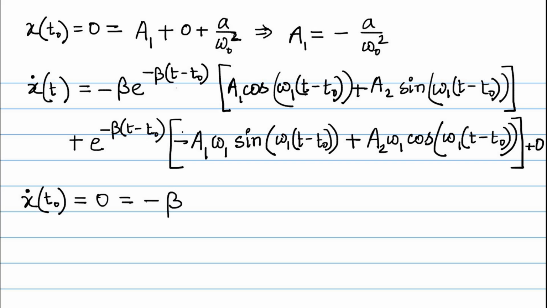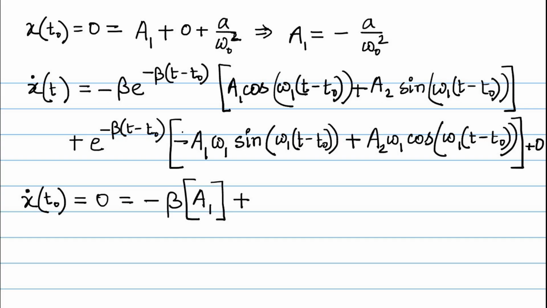If you set t equal to t naught, this is 0, so e to the negative 0 is e to the 0, which is 1. And then inside we have a1, because cosine 0 is 1, and the contribution from a2 goes away because sine of 0 is 0. So that's the first term.